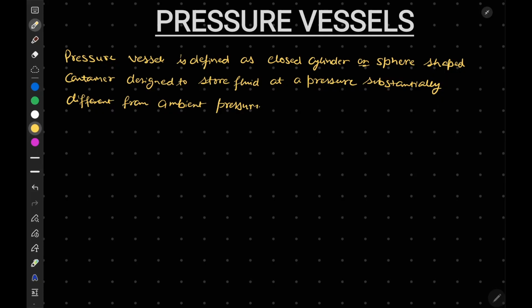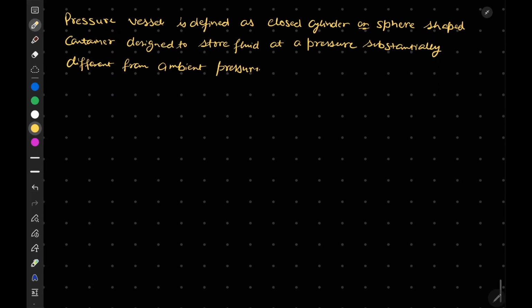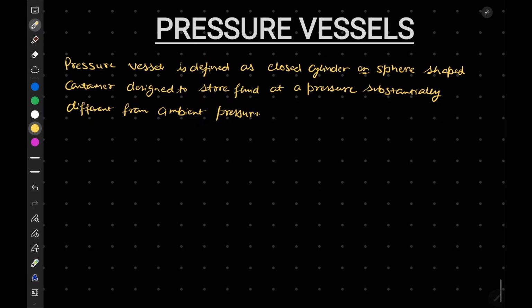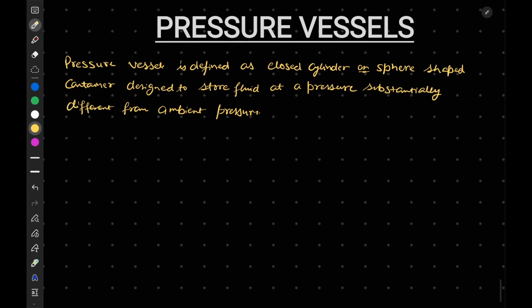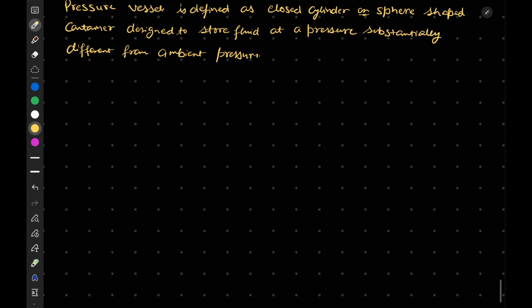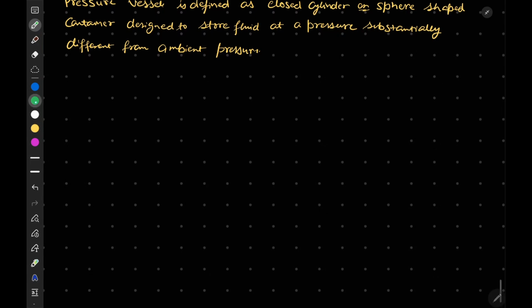Okay, now your pressure vessels can be classified into two portions based on their d by t ratios, where d is your diameter and t is the thickness of your vessel. Okay, now let me mention it here. So your pressure vessels can be classified into two parts.